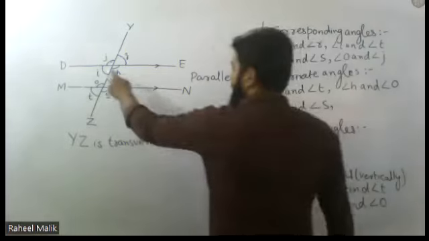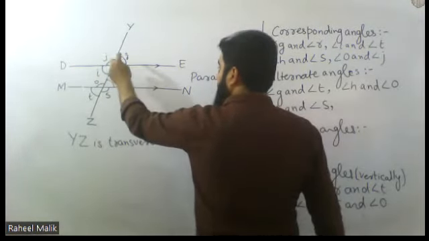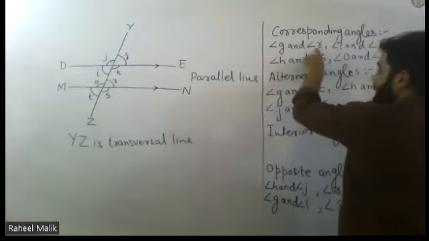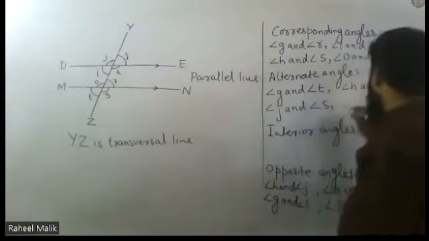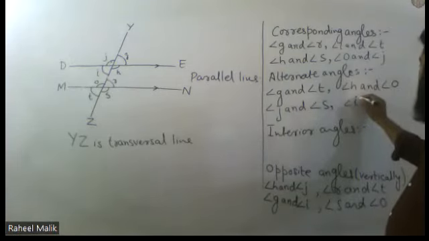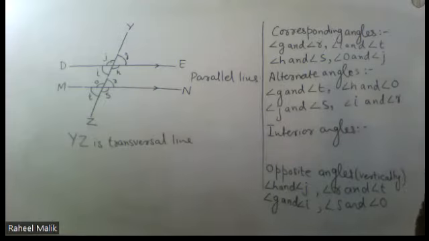Last one: I and G are vertically opposite, but G is corresponding to R. So if I compare I and R, I will say that angle I and angle R are alternate angles over here.